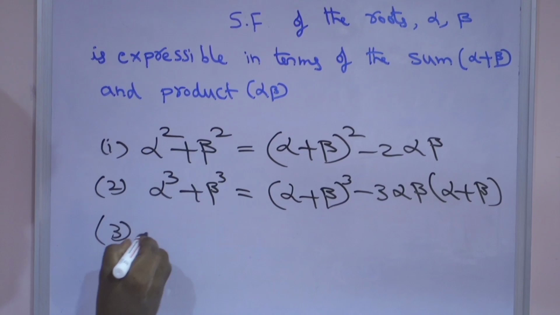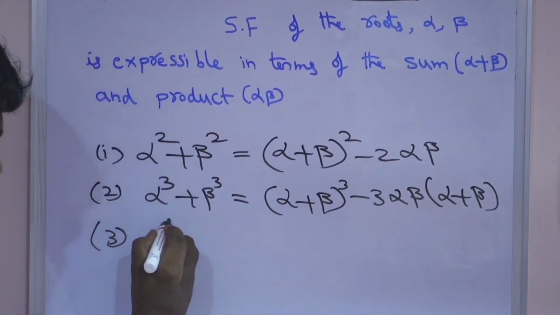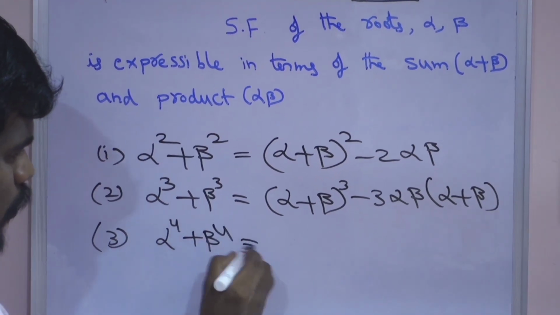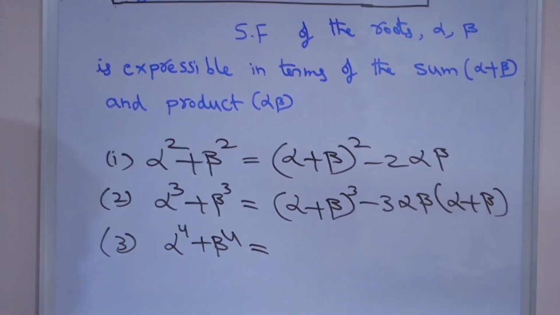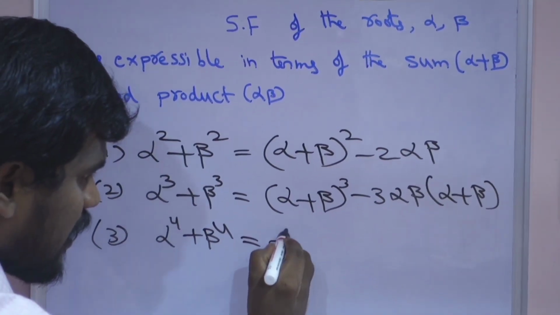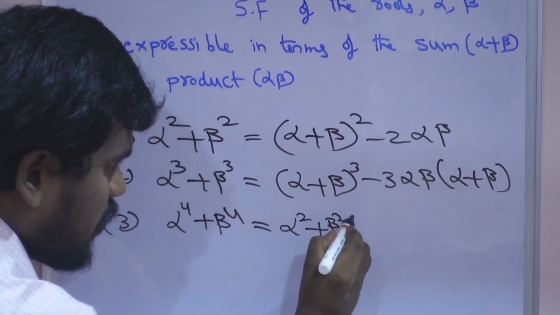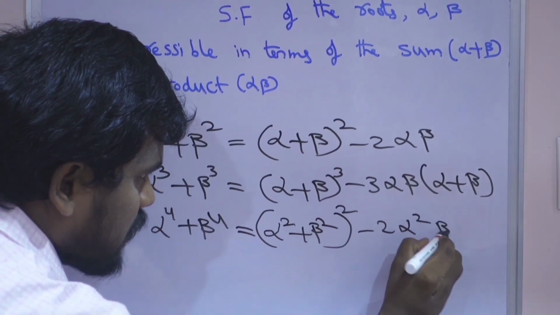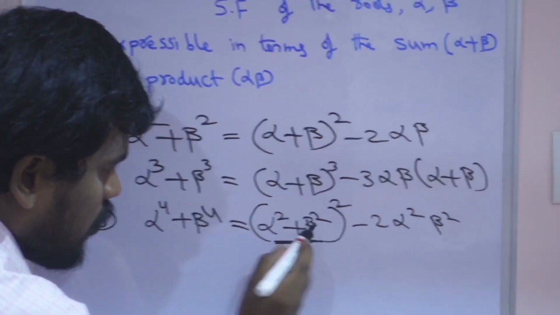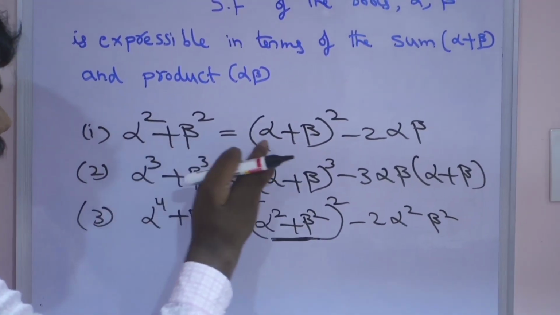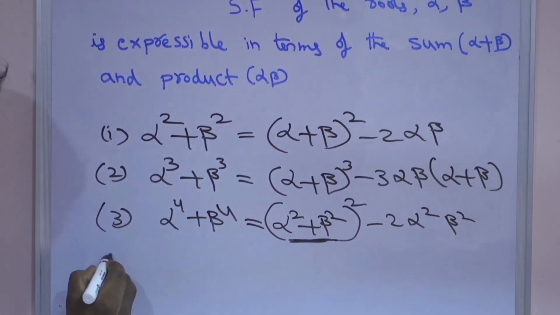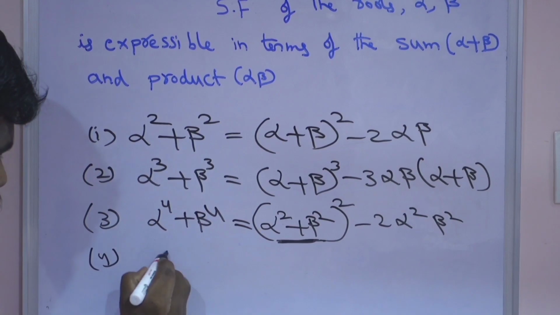Now suppose alpha power 4 plus beta power 4 is there. How to write alpha power 4 plus beta power 4? First write alpha square plus beta square whole square minus 2 alpha square beta square. Again, we already know alpha square beta square: alpha plus beta whole square minus 2 alpha beta. Then the next, the fourth one, for example alpha power 5 plus beta power 5.